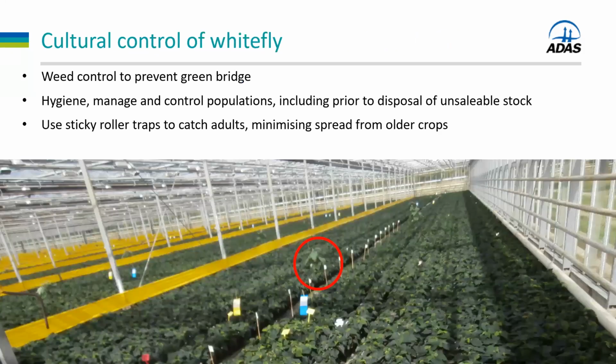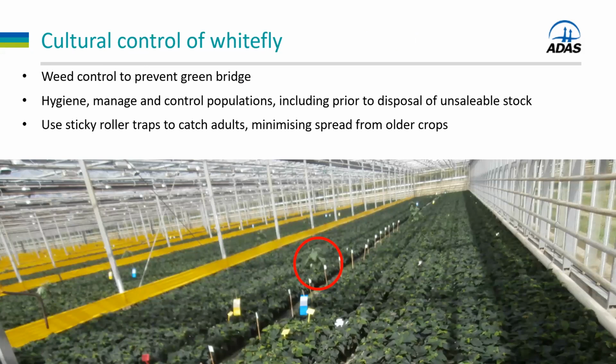So cultural controls, focusing on that a bit. Weed control is a very good method of helping to prevent that green bridge, particularly at the end of season cleanup, getting the nursery nice and clean, preventing that pest carryover.